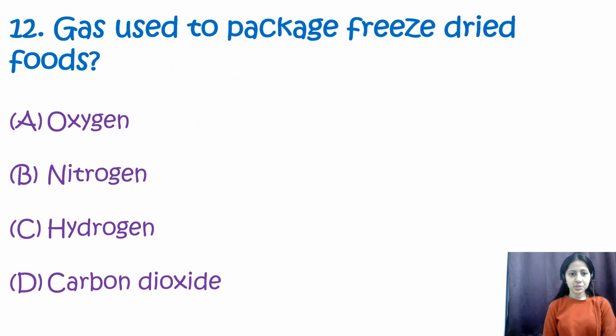Question number 12. Gas used to package freeze-dried foods. Option A oxygen, B nitrogen, C hydrogen, and D carbon dioxide. So the correct option is option number B, that is nitrogen. To package these freeze-dried foods, nitrogen gas is used. This nitrogen gas is an inert gas. What is the function of this inert gas?